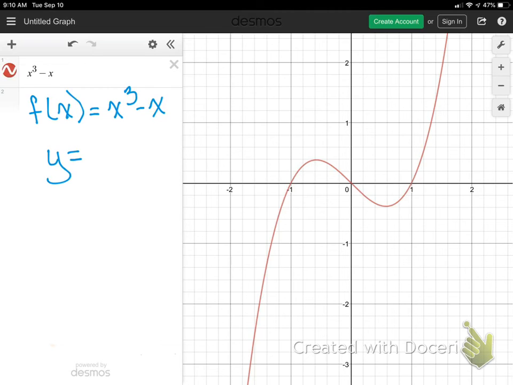Good. So I have y equals x to the third minus x. In order to determine if something is an odd function, I replace y with negative y and x with negative x.